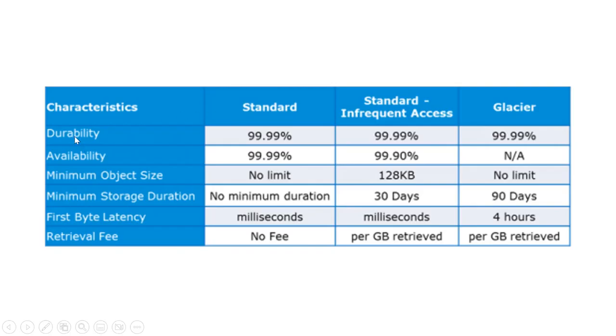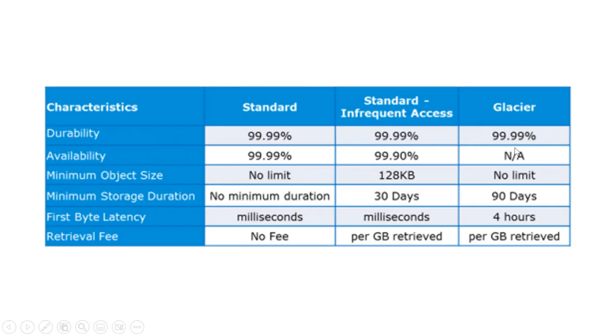Durability of any class is the same. For availability, standard and infrequent access give 99.99% availability, so without any latency you can get objects immediately. Infrequent access is almost the same, 99.90%.